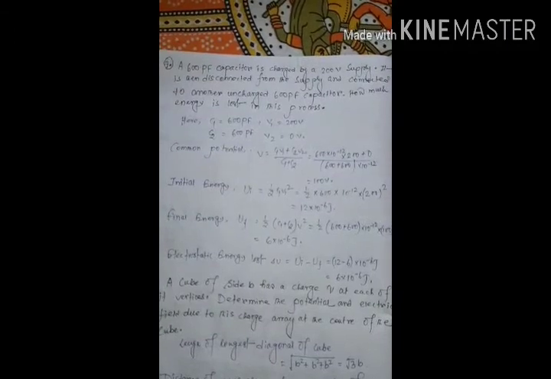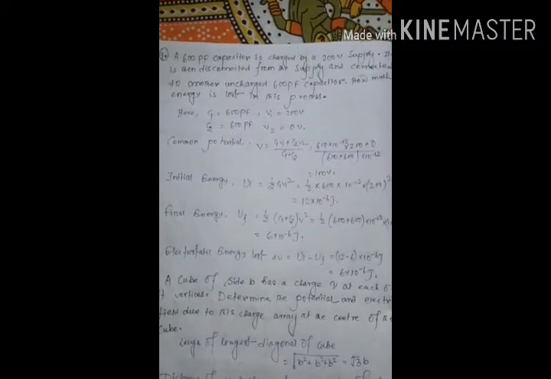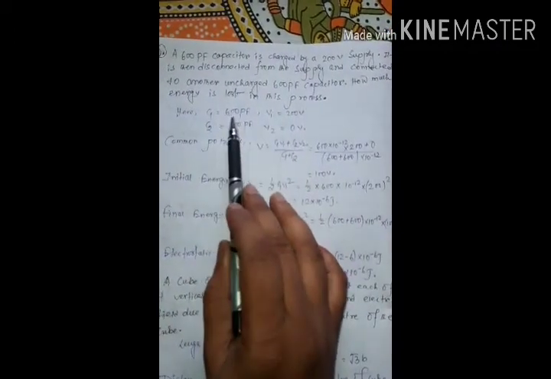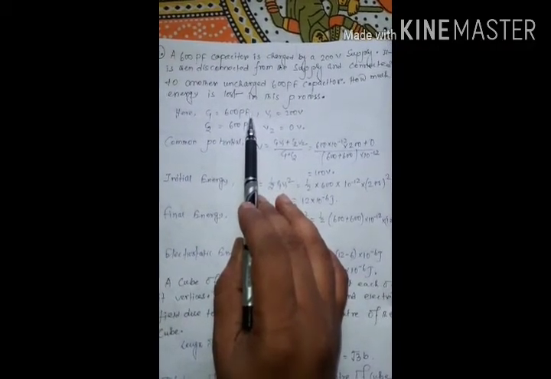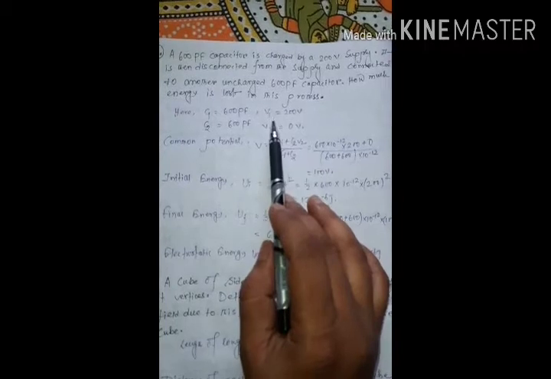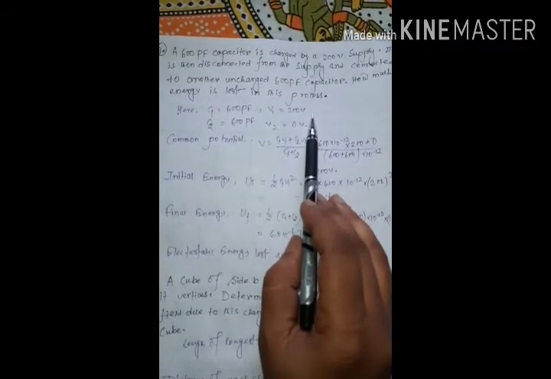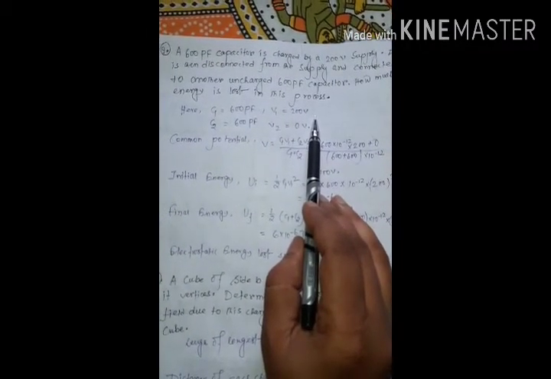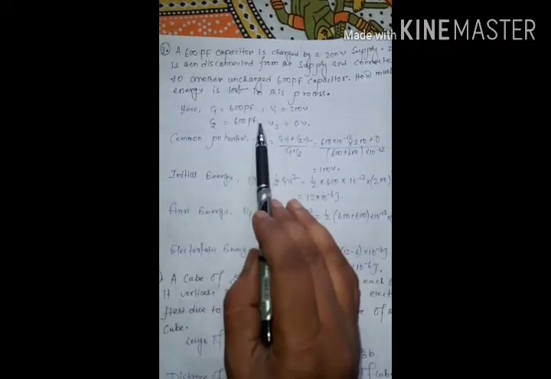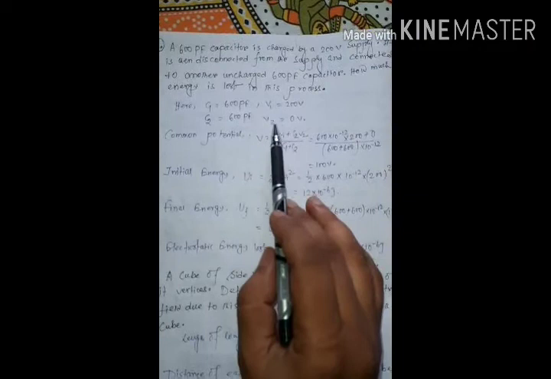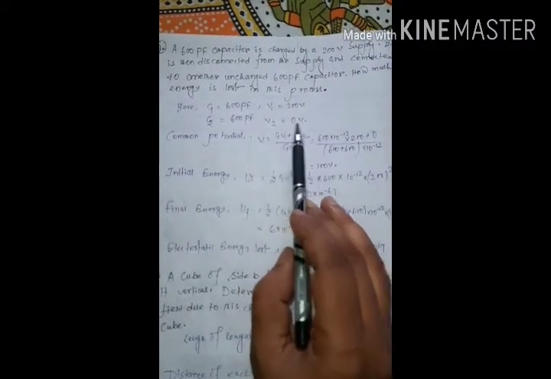Now, the capacitance of the first capacitor C1 equals 600 picofarad, which is charged by a battery of potential V1 equal to 200 volt. The second capacitor has a capacitance of C2 equals 600 picofarad, and the initial potential of the second capacitor is 0.